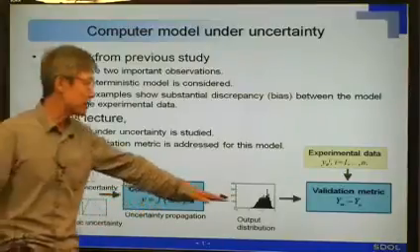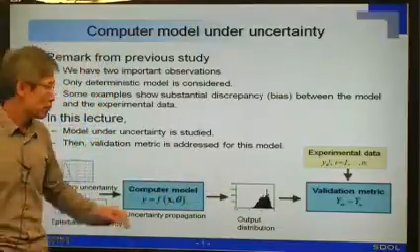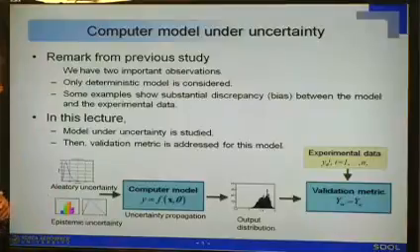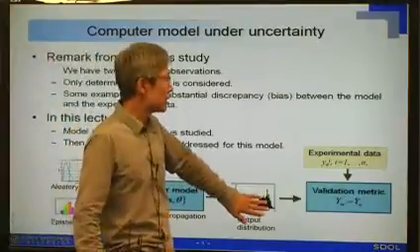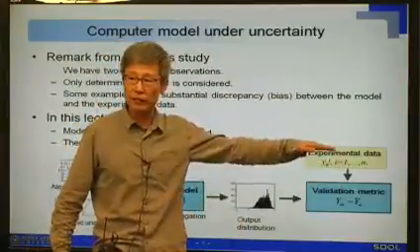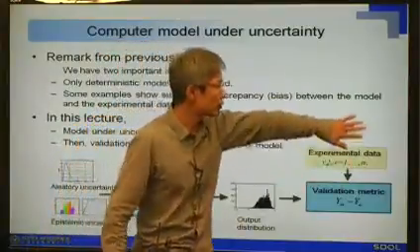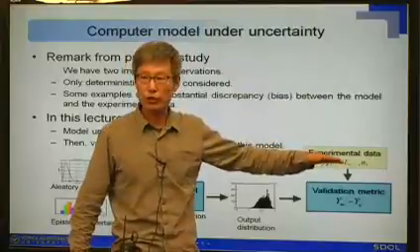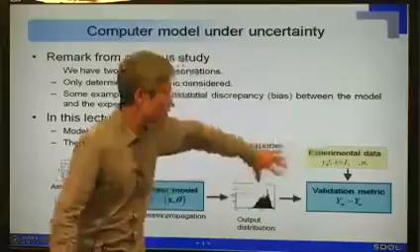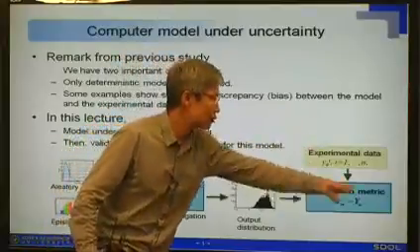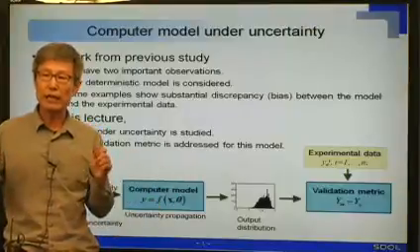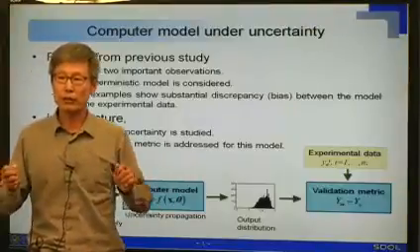What we get is not just a single value, but the distribution of the output. Also, experimental data includes their uncertainty, so this is also a kind of distribution. Two distributions are gathered into the validation metric to make a decision whether they are in agreement or not.